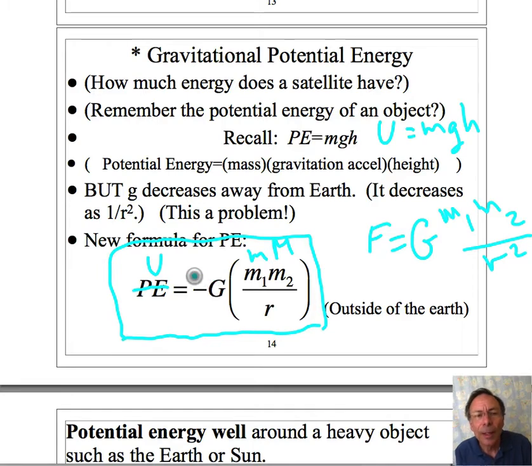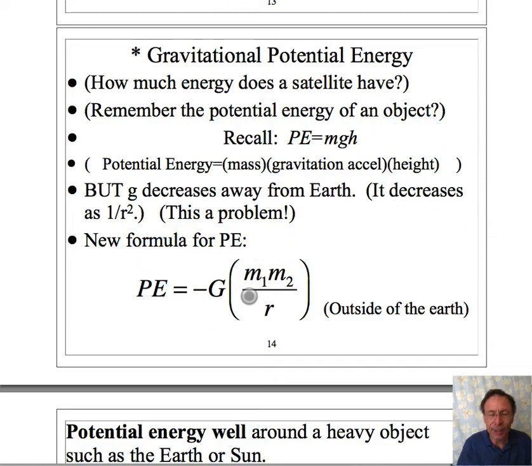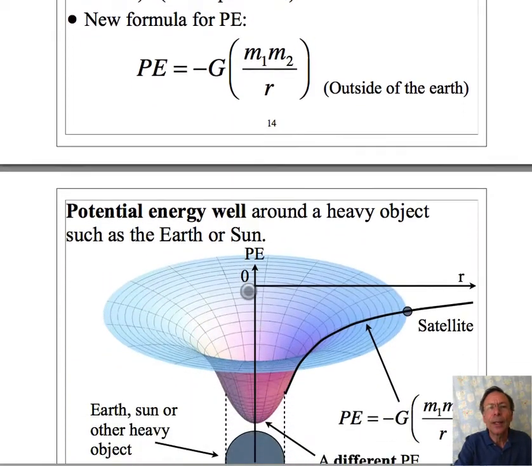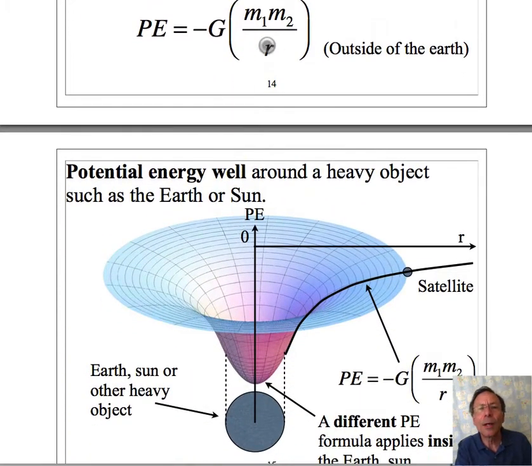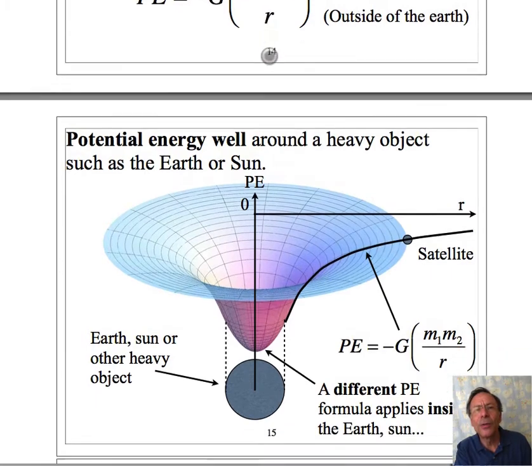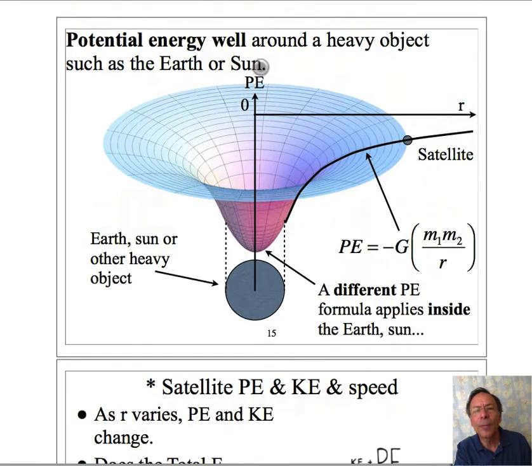So let's take a look at what this potential energy looks like. Let's make a graph. Now, you see 1 over r. If you graph 1 over r, you're going to get a hyperbola. And so here's the same formula right here.